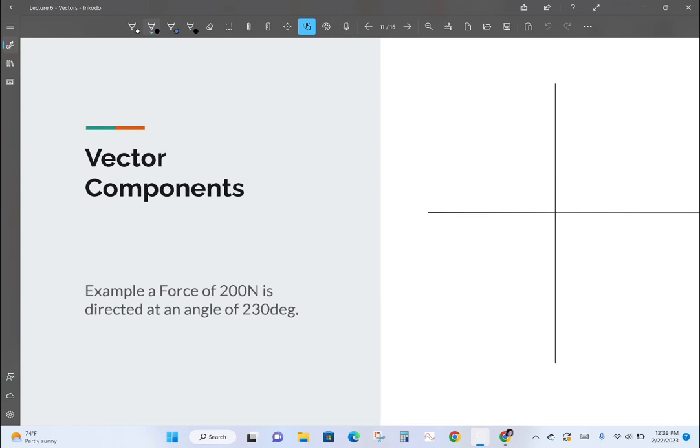All right, so we know how to find the vector direction and the vector magnitude using tan theta and Pythagorean theorem. But what if I just give you a vector and I say a plane is heading, actually let me erase that.